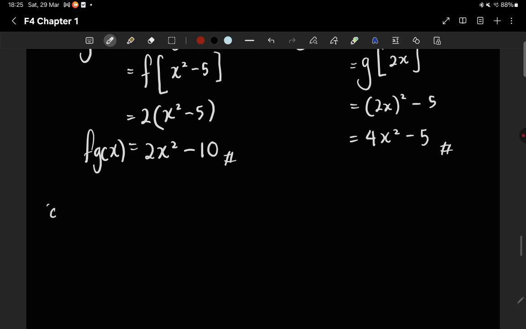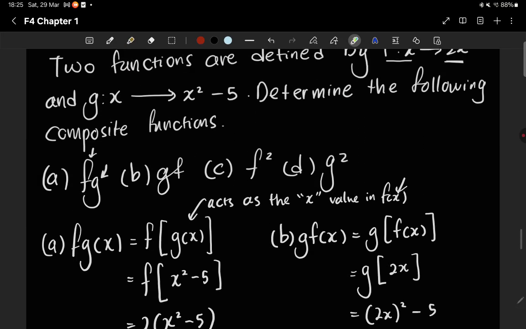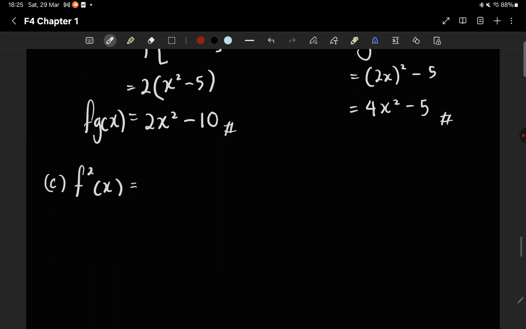Now let's jump into the third question, C, f squared x. Now when you look at this, it may be a bit confusing. Some of you might think, am I supposed to square the entire function like this?